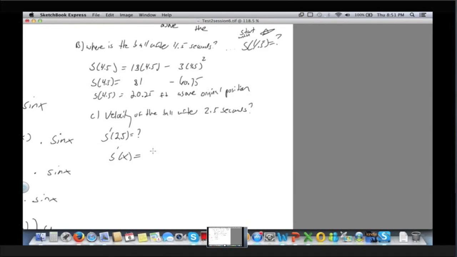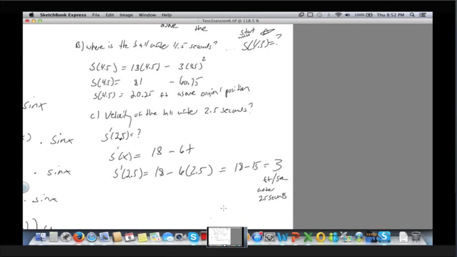Okay, so (18 minus 6t), and then three. Velocity is feet per second, so 3 feet per second. It says after 2.5 seconds.